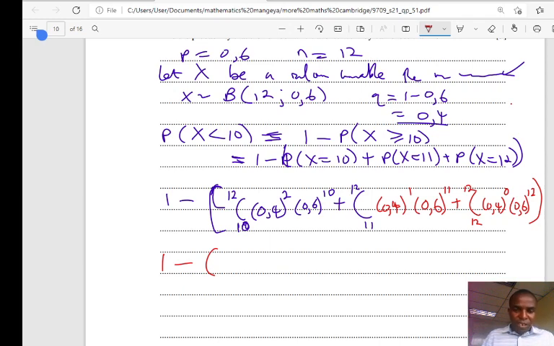Then plus 12 choose 12, which is actually 1. 0.4 to the power 0 is 1. So this one is just 0.6 to the power 12.